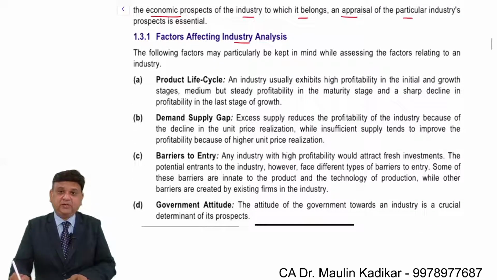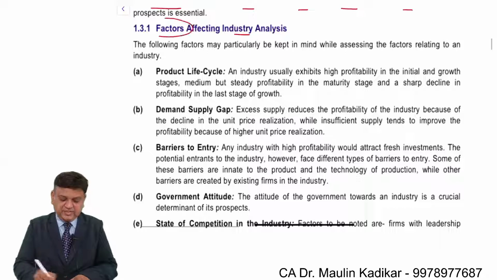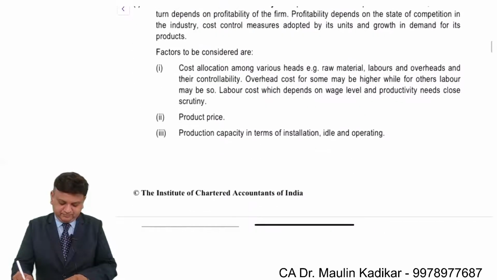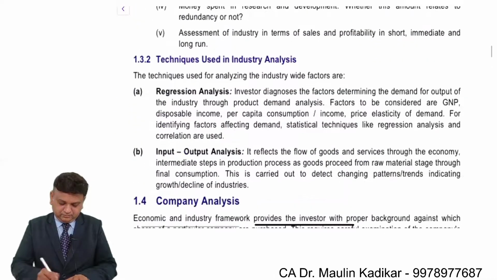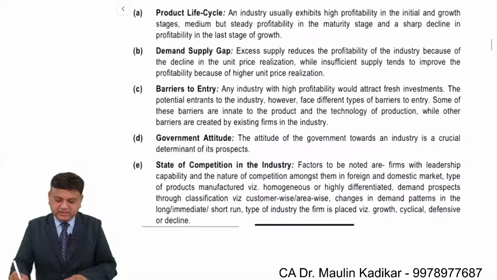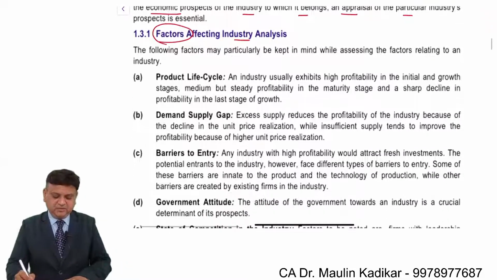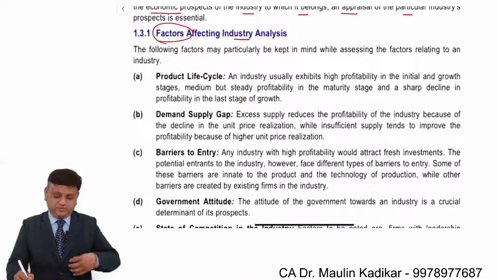Factors affecting industry analysis. Over here again we are going to understand the factors and the techniques. So this point is divided into two parts: the factors, and the techniques that will be used.